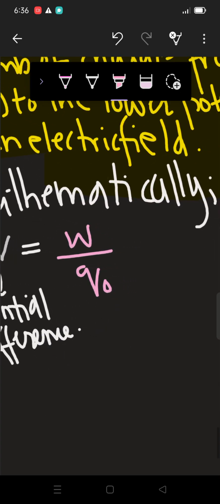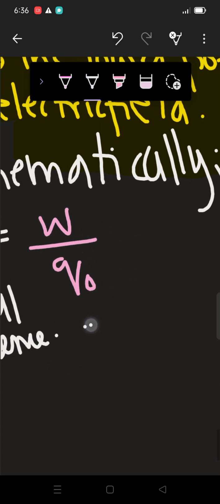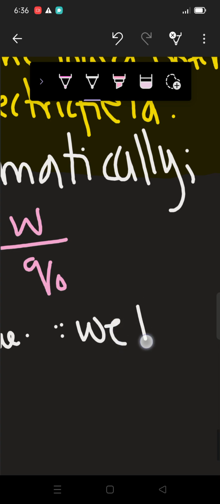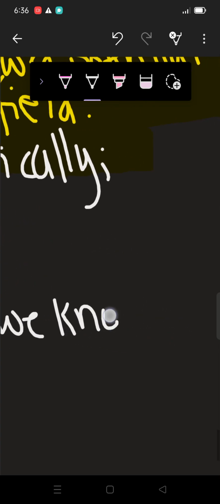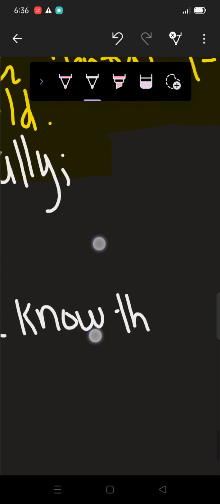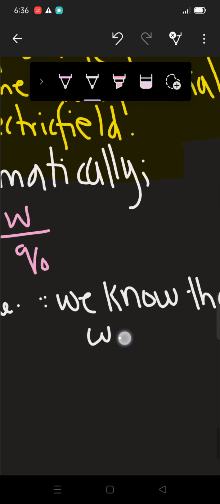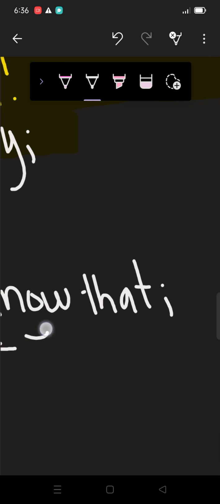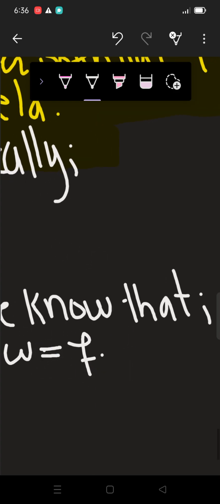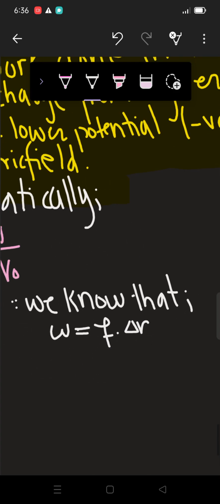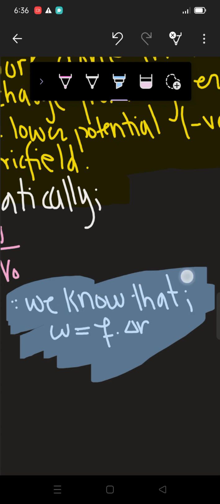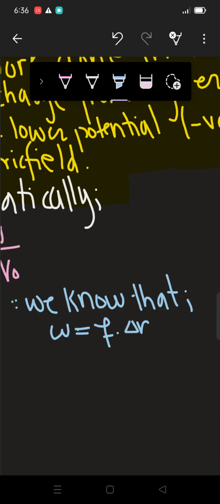Now we know that work is basically the dot product of force and displacement. Here I am going to take del R, which means only a small displacement. Work is a scalar quantity, since it is the dot product of force and displacement.